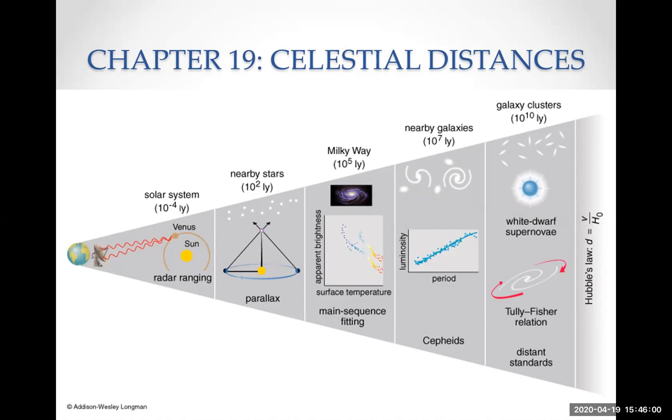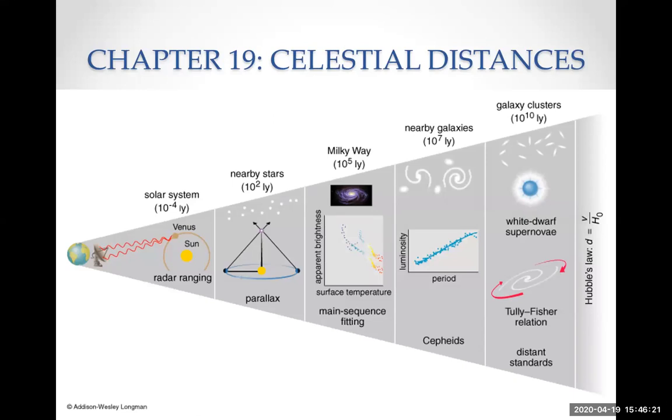Based upon that, we can use this method to determine the distance to nearby objects. But once you go beyond Neptune and Pluto, the objects are small and not very reflective, so getting the radio waves back is going to be very, very difficult, if not impossible.